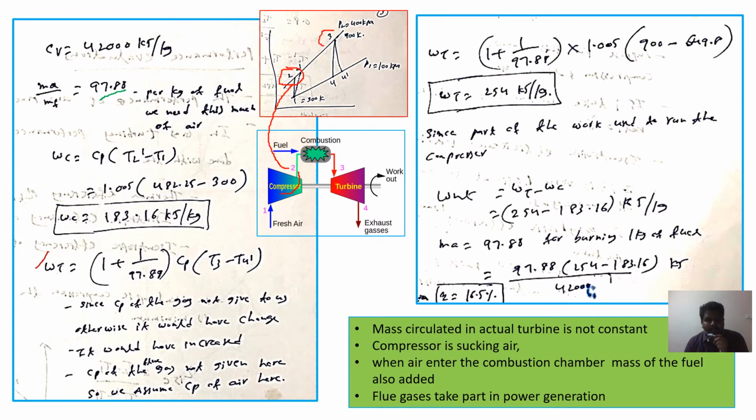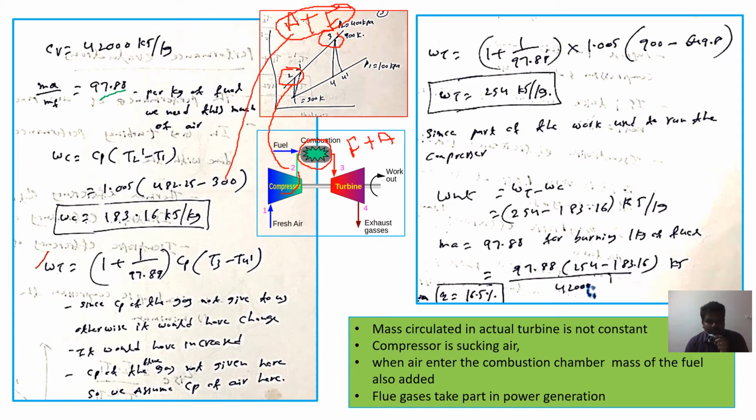But at point 3, air plus fuel will be there, because in the combustion chamber we are supplying the fuel from outside, plus air is coming from the compressor. Both will be mixed and there will be combustion. So at point 3 there will be air plus fuel.